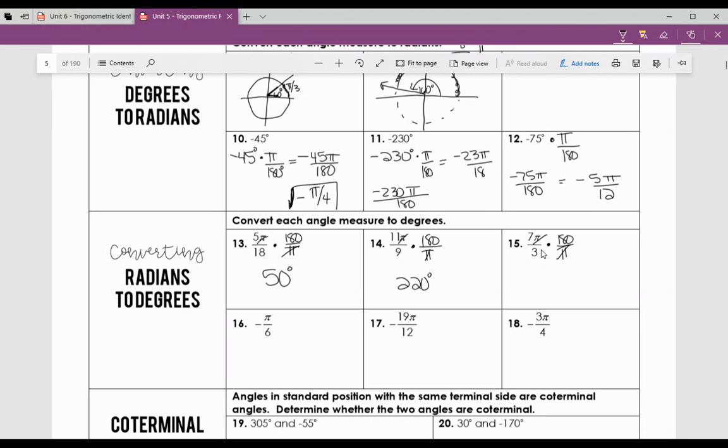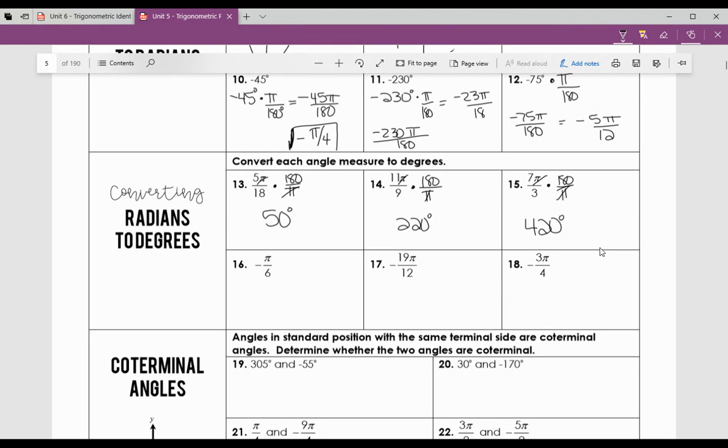So whatever 7 over 3 times 180 is your degree value, which would be 420 degrees. All right, so I'm going to let you come up with these last 3 values.